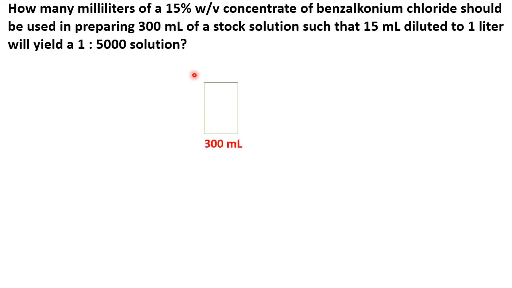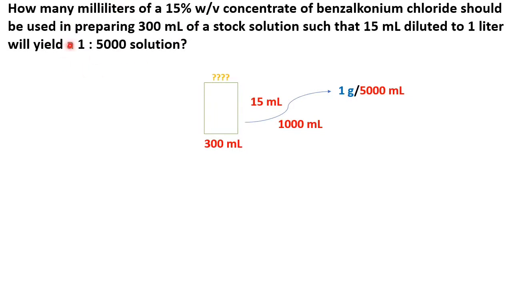We don't know its concentration, but we know that if we took 15 milliliters of it and diluted it to 1 liter, or 1000 milliliters, we get a solution whose concentration is a 1 to 5000 solution.